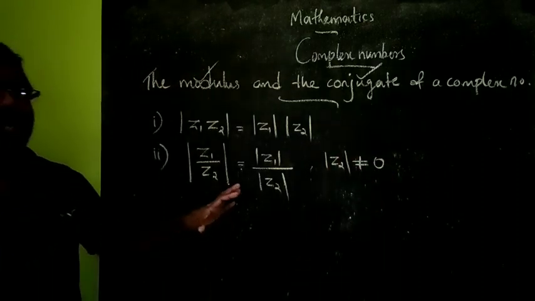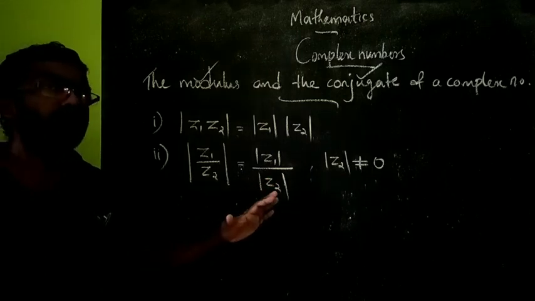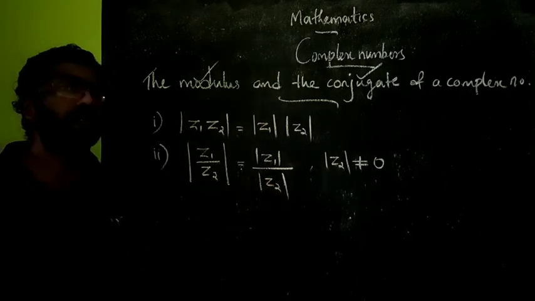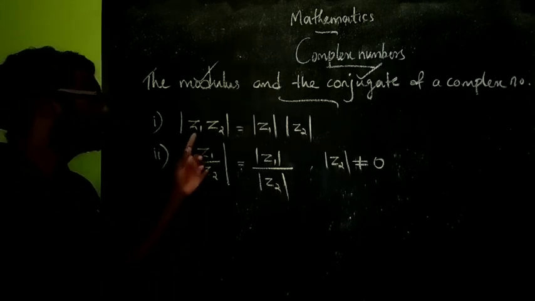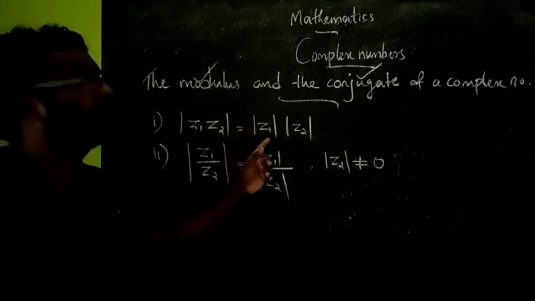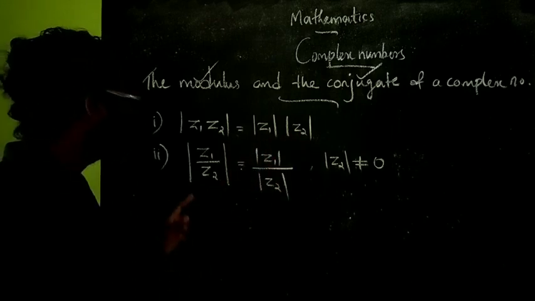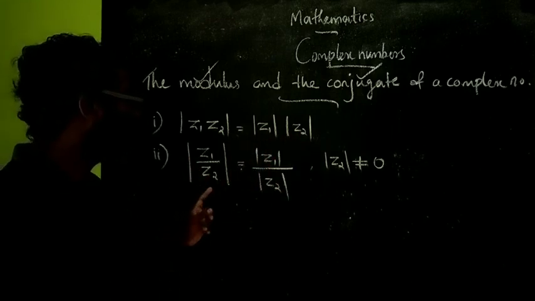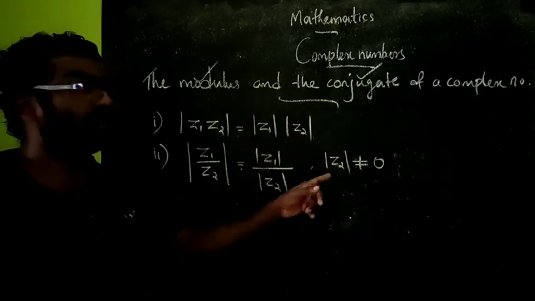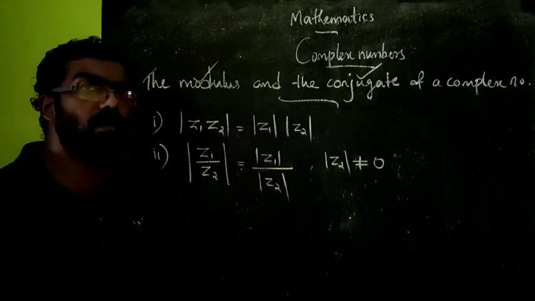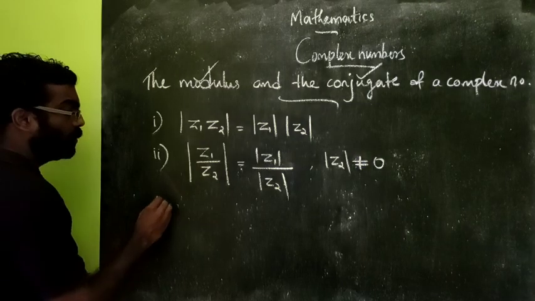Okay, while defining a fraction, we have to ensure that the denominator need not be 0. Okay, so modulus of z1 into z2 can be written as mod z1 into mod z2, and modulus of z1 by z2 equal to mod z1 divided by mod z2, provided mod z2 is not equal to 0. Clear?